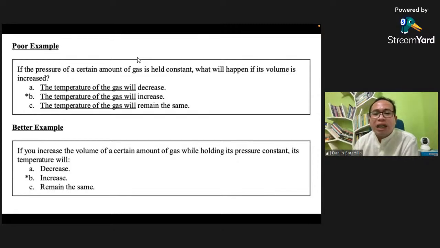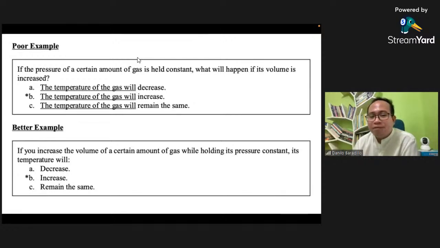So if you increase the volume of a certain amount of gas while holding its pressure constant, its temperature will. So that means I am now told about what will happen, right? Because I have given a situation there. It's an if clause. It's not a direct question, right? So I could have this in my question.